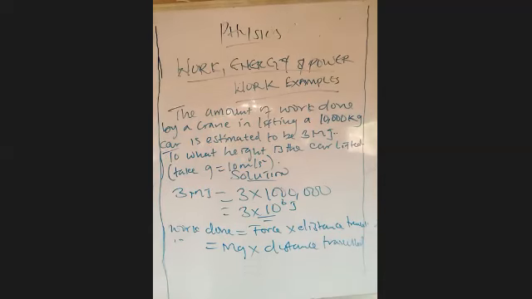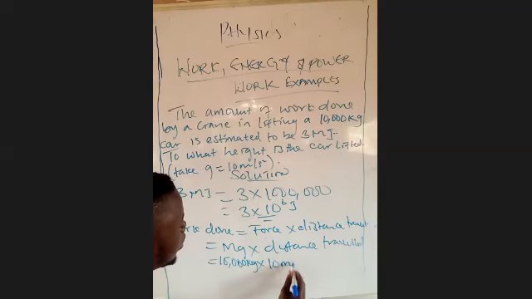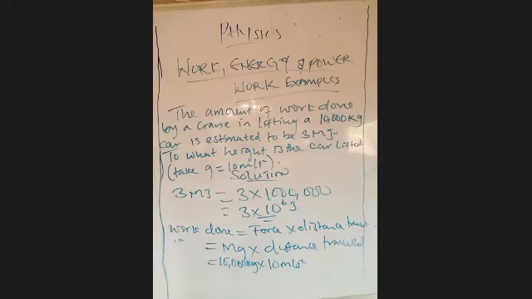The mass of the car is equal to 10,000 kg times the acceleration under gravity, which is 10 meters per second square. This will give us 100,000 Newton. What we are finding here is the force.